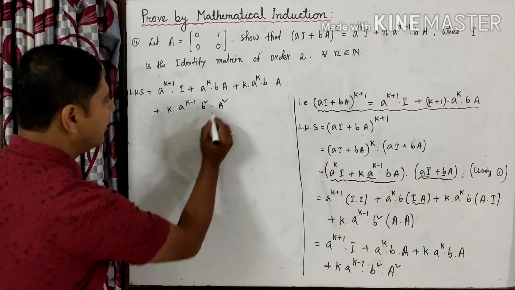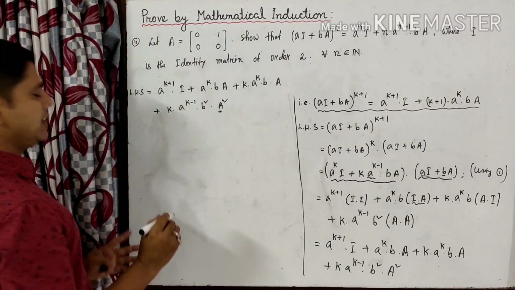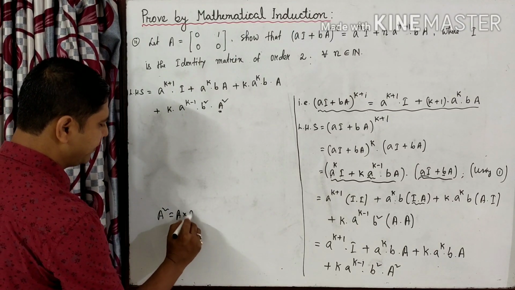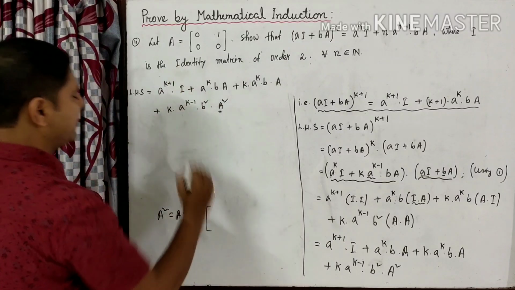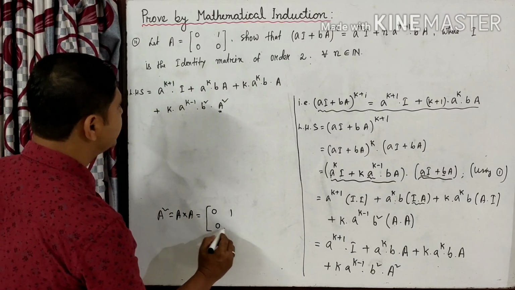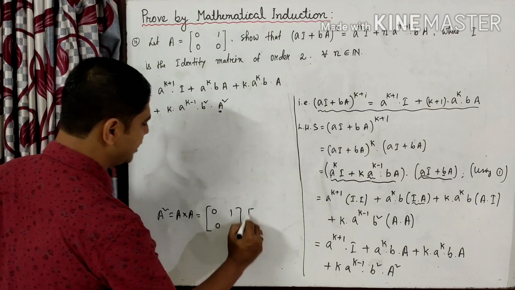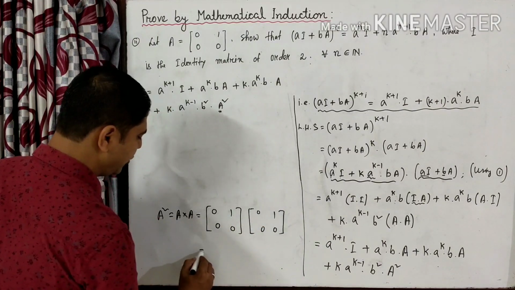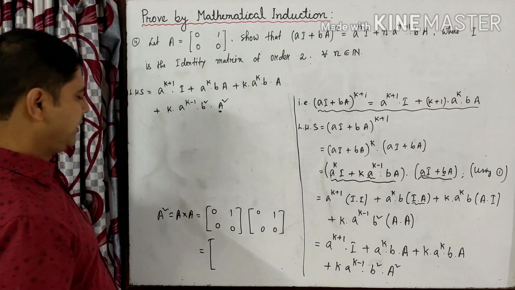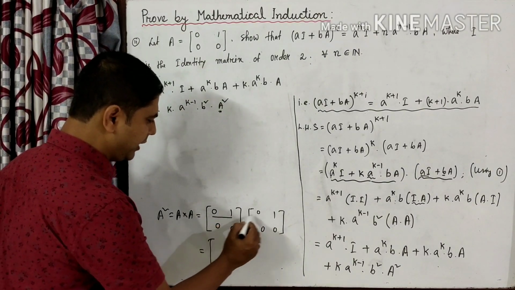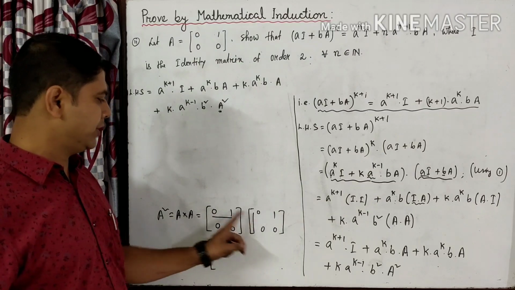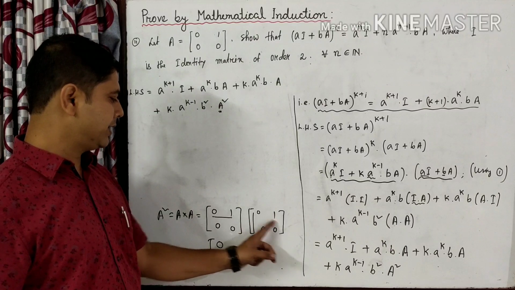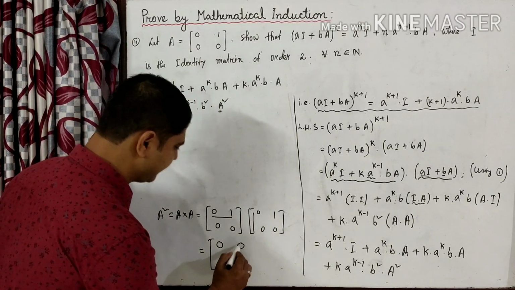Now I am going to find the value of A square. What is the value of A square? A square means A into A. What is the value of A? A is given as [0 1; 0 0], and this one also [0 1; 0 0]. If you multiply, first row multiply with first column: 0 into 0 is 0, 1 into 0 is 0, so this part must be equal to 0. 0 into 1 is 0, 1 into 0 is 0, this one also 0.